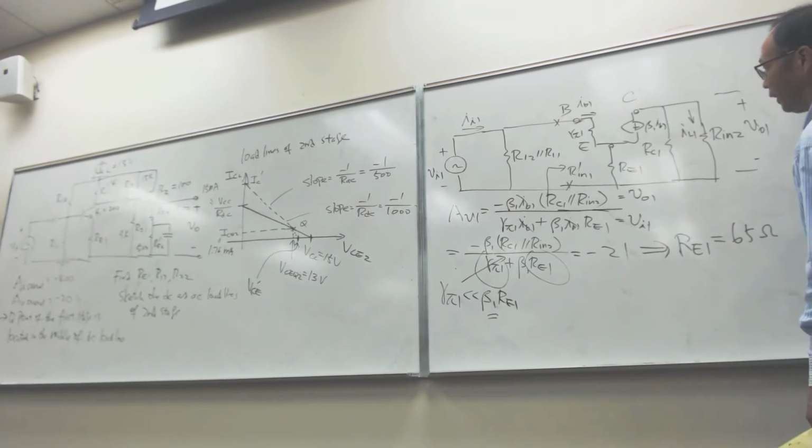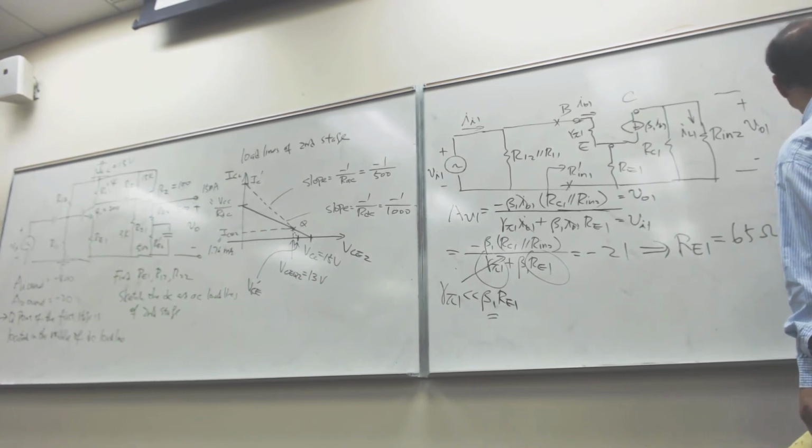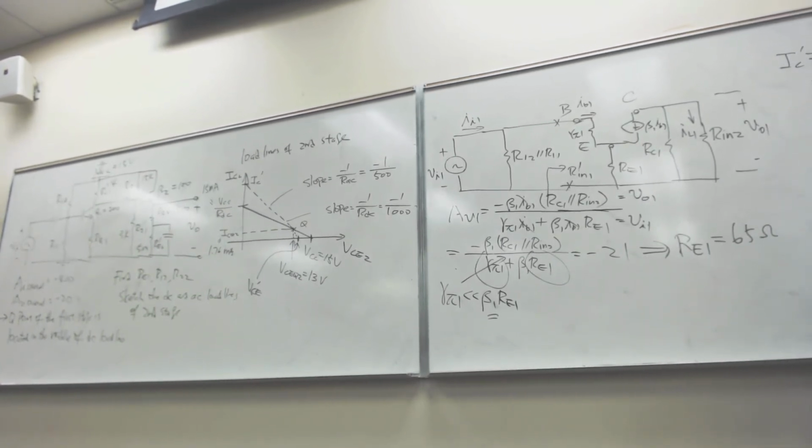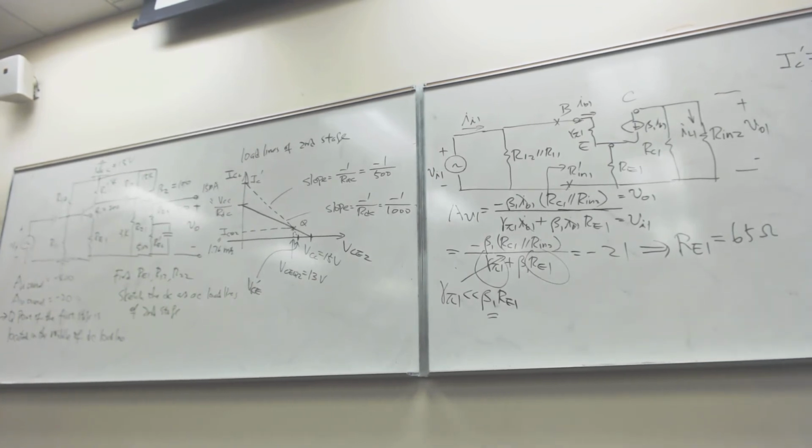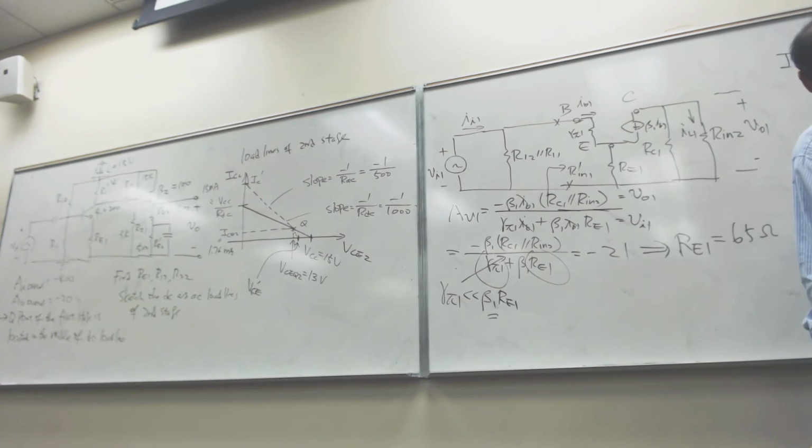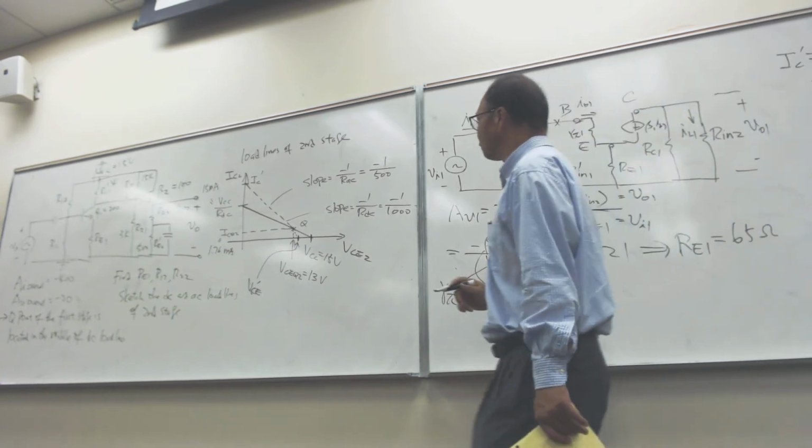So therefore, it's 1.76 milliamp plus 15 volt divided by 500. What do you get? 30, so 31.76 milliamp. So this design is not too good.